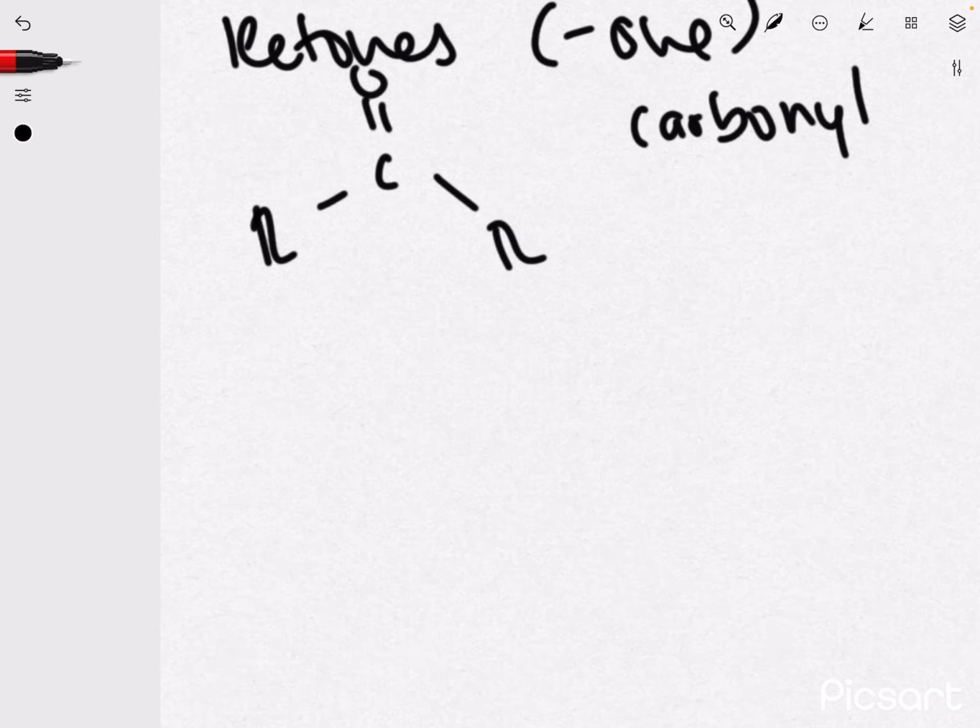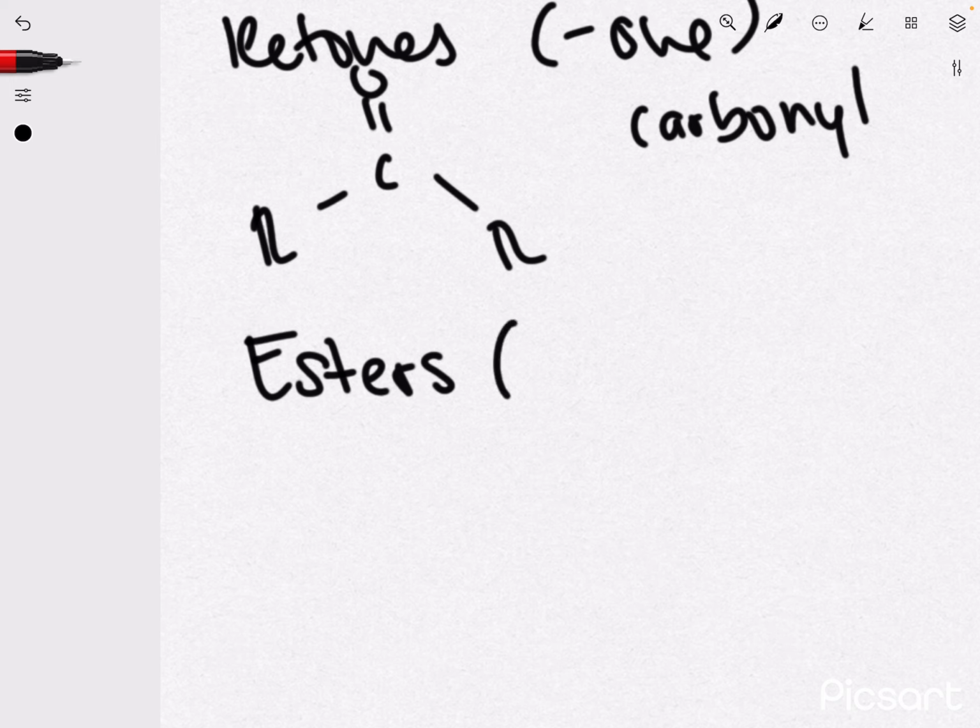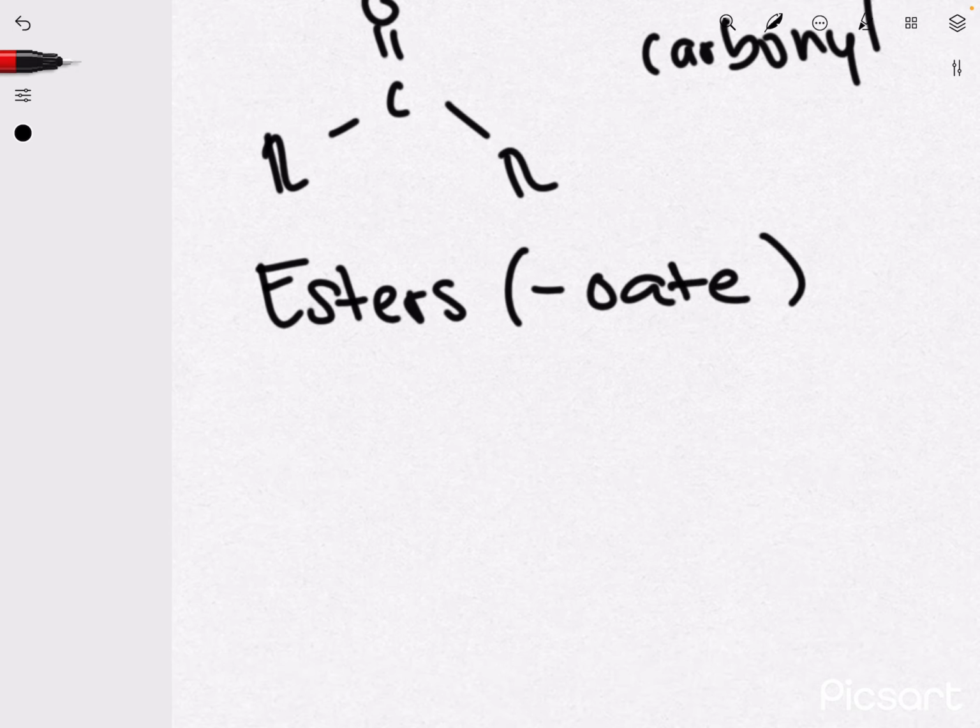And next up, we have esters, which have a suffix of -oate. And these will look a little something like this.